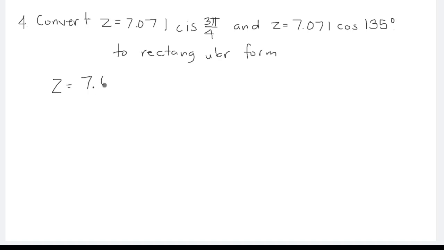So 7.071 cosine 3 pi over 4 plus i sine 3 pi over 4. You just input it in your calculator. Make sure your calculator is in radian since we are dealing with radian setup. So we have negative 5 plus 5i.